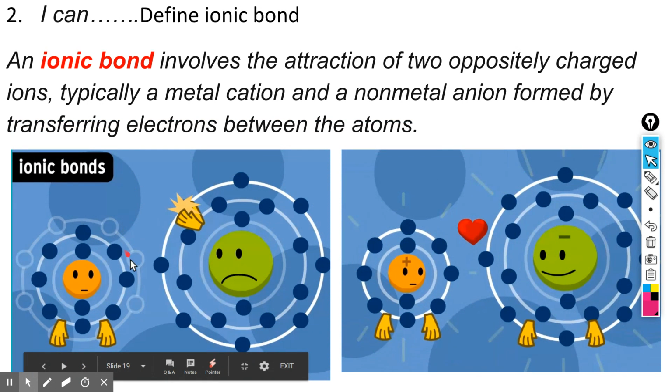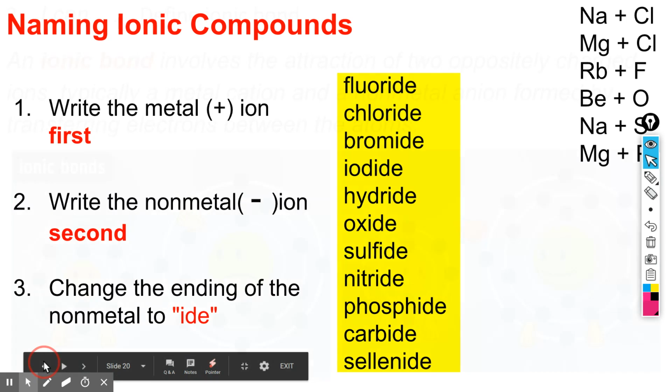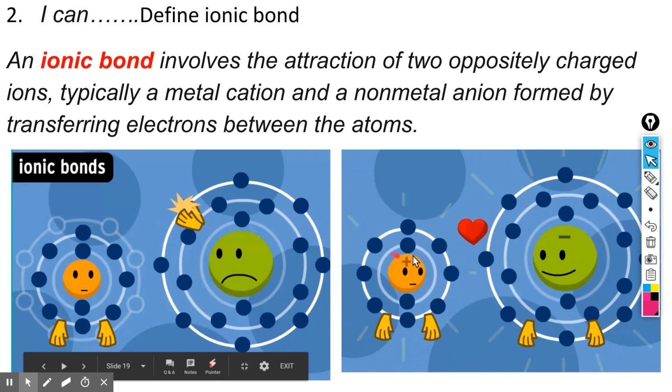Here it is again. We had this sad face person giving away an electron and becoming positively charged, and this element stealing one, becoming negatively charged. We've got a positive charge there and a negative charge there, which creates positive and negative ions. An ionic bond involves the attraction of two oppositely charged ions.